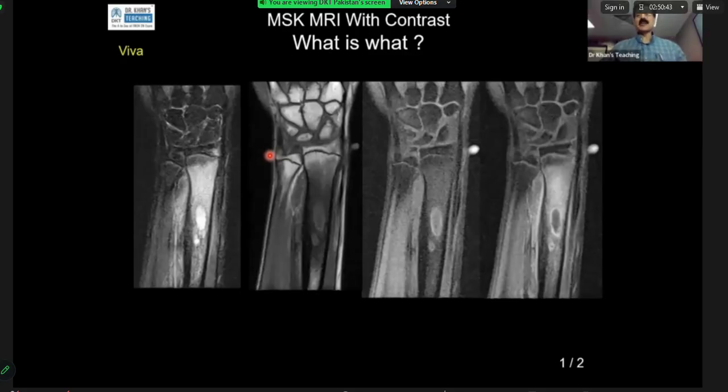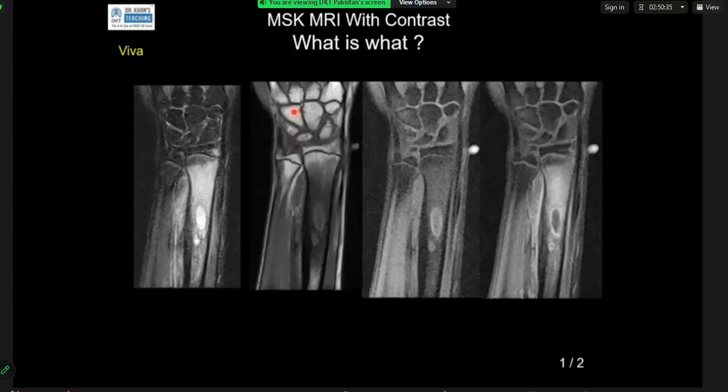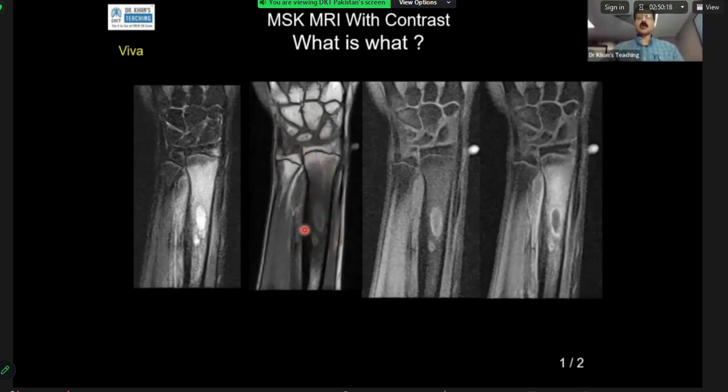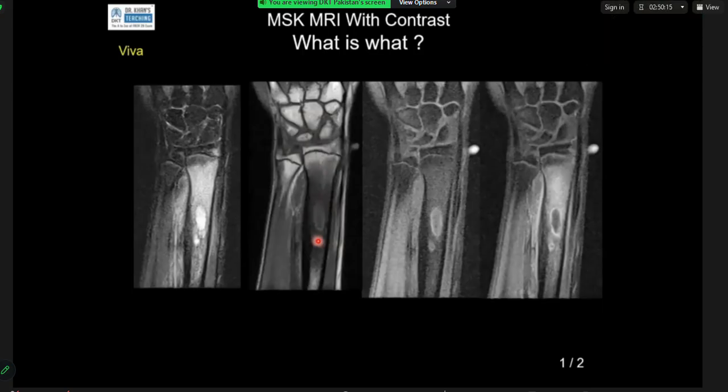You see, in proton density and T1, the marrow will be fatty. It will be bright. You got confused there. You were right actually, because if you see these carpal bones, there is bright signal here, right? This is fatty signal, and here what is happening? There is something abnormal. So this is a T1 weighted sequence in which this portion of marrow, which is radius, is abnormal, right?